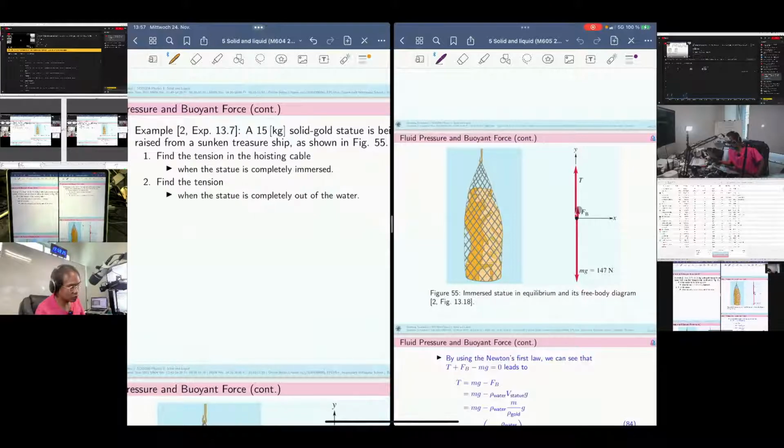Let's consider the first situation. What is the tension of the rope when the object, the statue, is still inside the water, right?